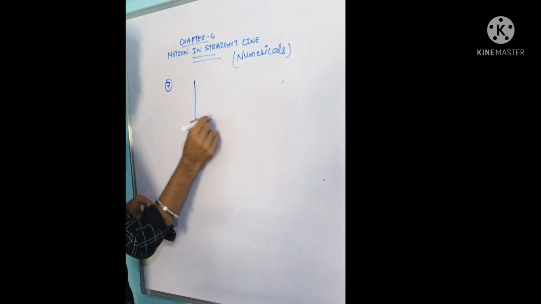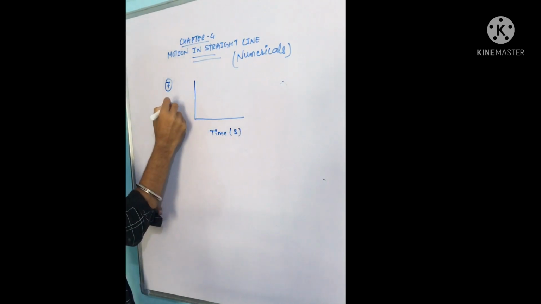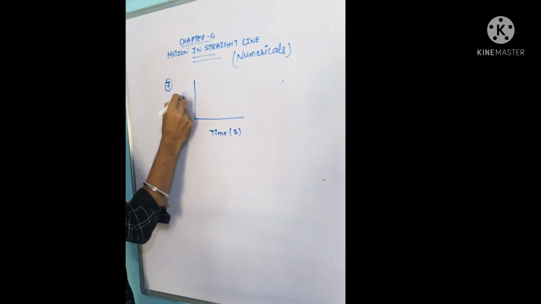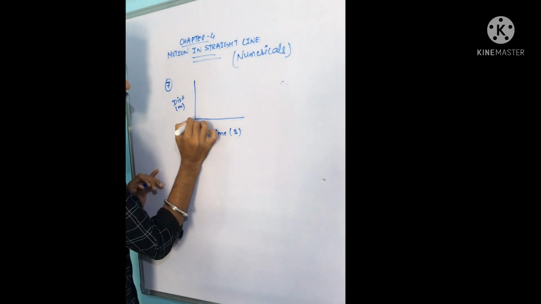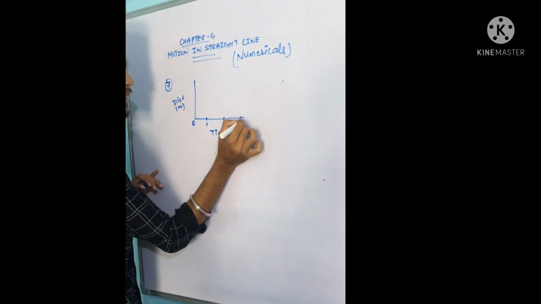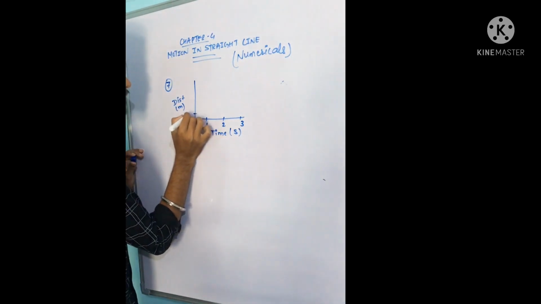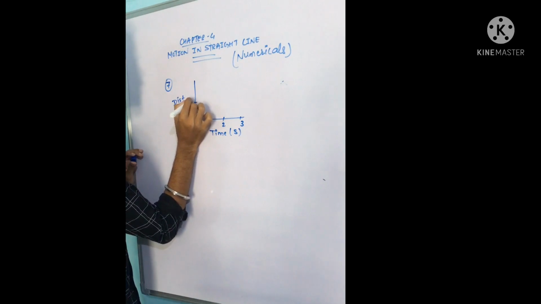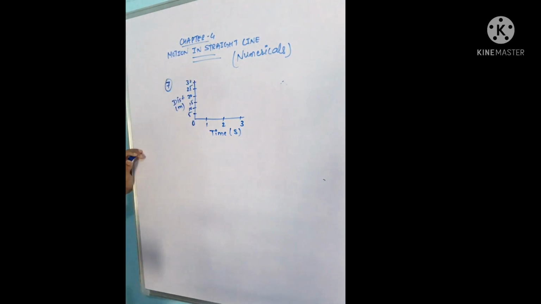We have to draw the graph, time which is in seconds and distance which is in meters. Mark the time as 0, 1, 2 and 3. Mark the distance as 0, 5, 10, 15, 20, 25, 30 and going on.